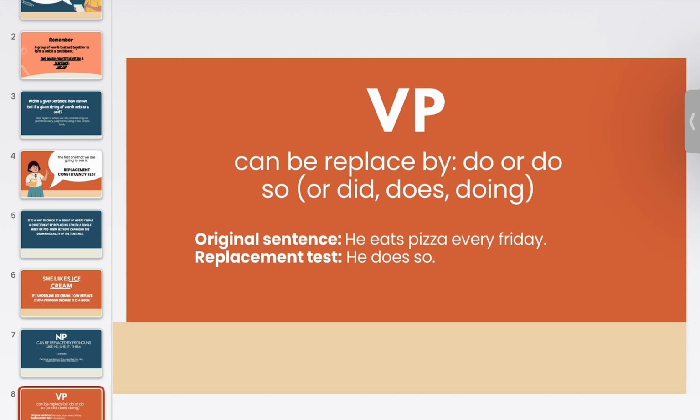Now that verb phrase is going to be replaced by do or do so, but I have to look at the verb. In this case, eats is in simple present, so for the third person singular, I'm going to use the auxiliary does: He does so. Why? Because the verb is in simple present.